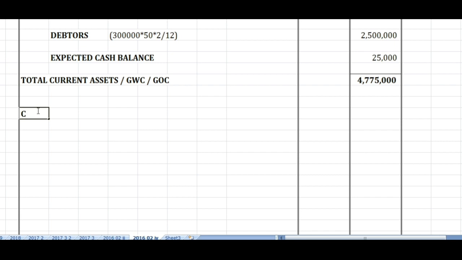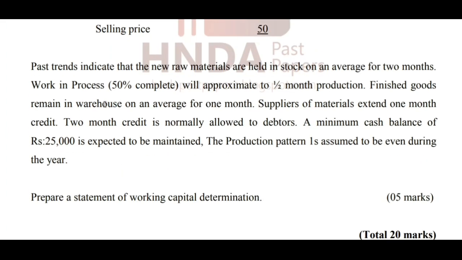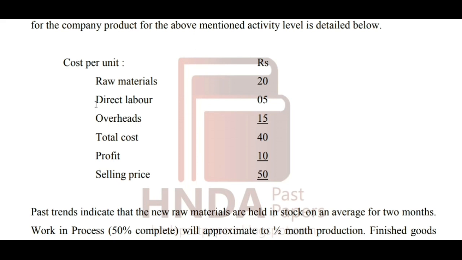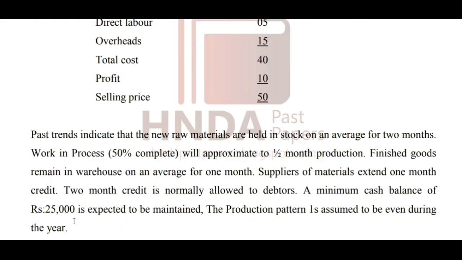Now we have to calculate the current liabilities value. Current liabilities. Under the current liabilities, as per the information, creditors only are under the current liabilities. Suppliers of materials extend 1 month credit. So creditors credit period is 1 month.